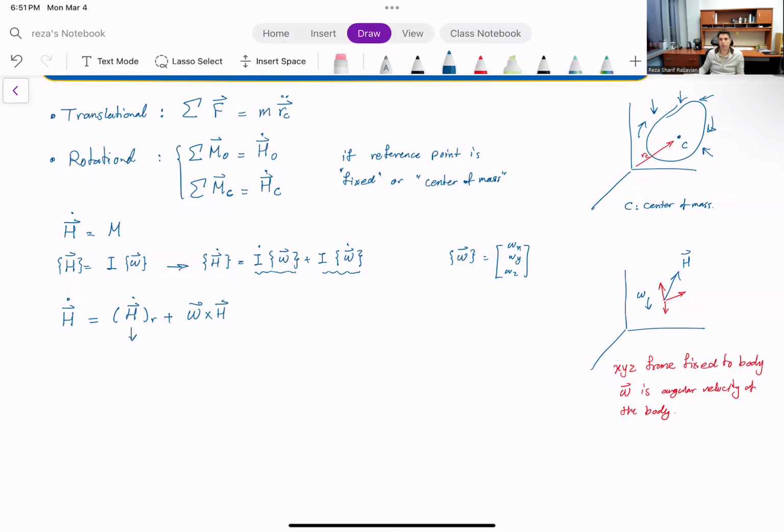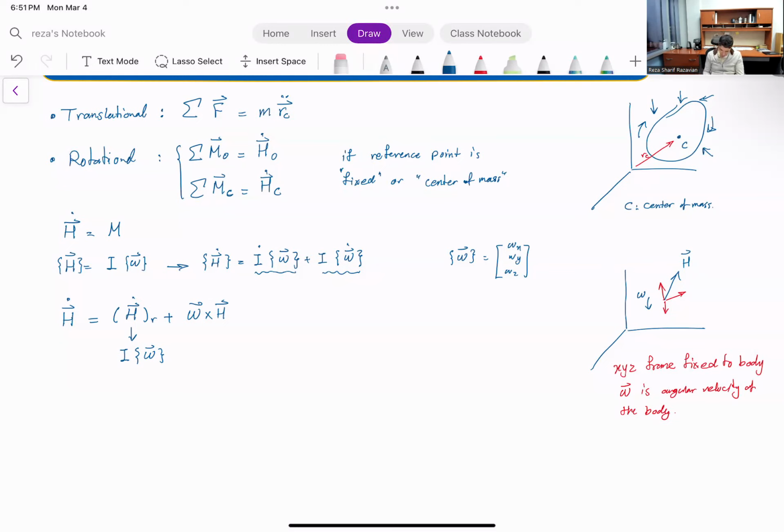So it's h dot, it's not how fast you're moving, it's how fast you're changing your speed. So this one is I omega dot, and now I'm going to switch back to matrix notation. And the next one, omega cross h.